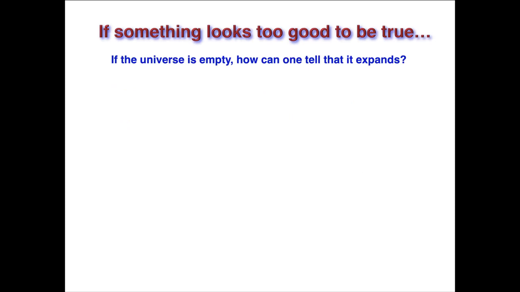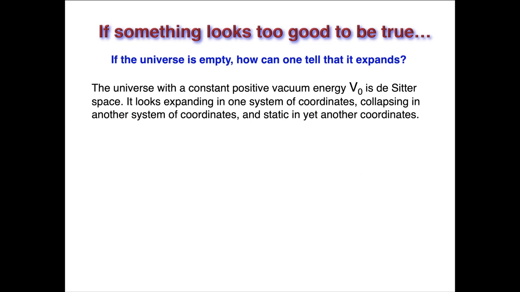In particular, what is the problem? If the universe is really empty, like it is in a vacuum state, how can one tell that it expands? It looks like a philosophical question, but the problem is that if the universe is really in a vacuum-like state, then de Sitter space, which is determined by expansion of the universe in the vacuum, looks the same in different systems of coordinates.